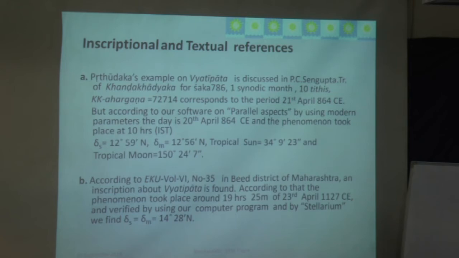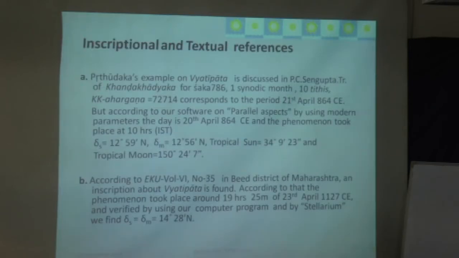According to Epigraphia Carnatica, I have found one more piece of evidence. Interestingly, in Beed district of Maharashtra, an inscription about Vyatipata is found. According to that, the phenomenon took place around 19 hours 25 minutes on 23rd April 1127 CE. It is verified using the computer program, and we find that the declinations of both sun and moon are equal to 14 degrees 28 minutes.